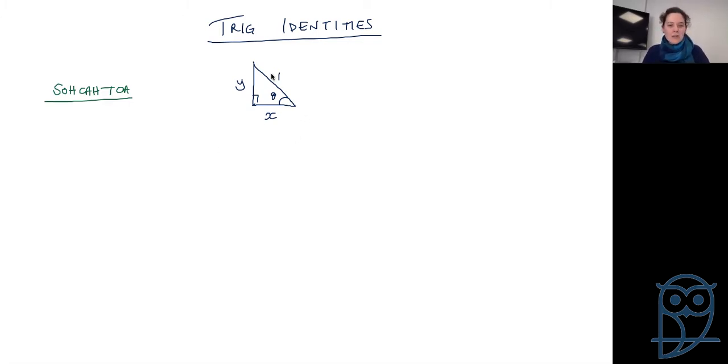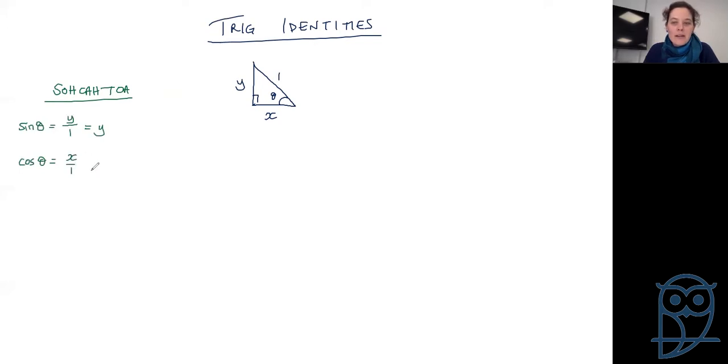So let's have a think about what sine of theta would be. Sine of theta would be opposite over hypotenuse. So y over 1. But that's exactly the same as y. What would cos theta be? Cos theta would be adjacent over hypotenuse.